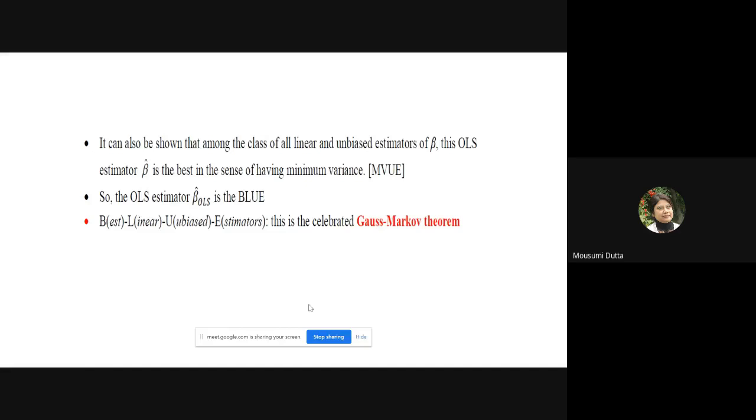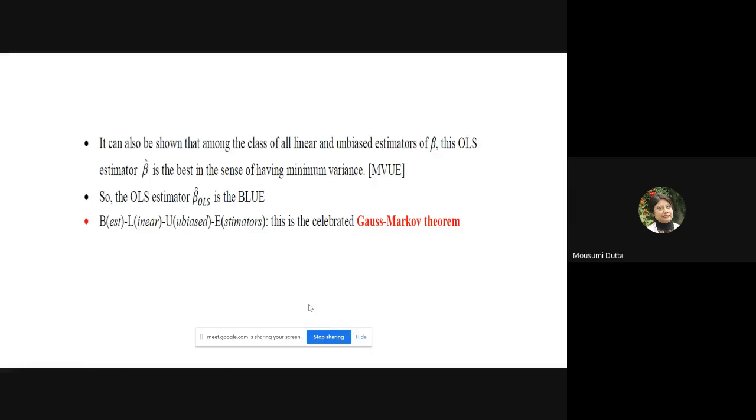It can also be shown that among the class of all linear unbiased estimators of beta, this OLS estimator beta hat is the best in the sense of having minimum variance. So we can show that beta hat OLS is MVUE, the minimum variance unbiased estimator.